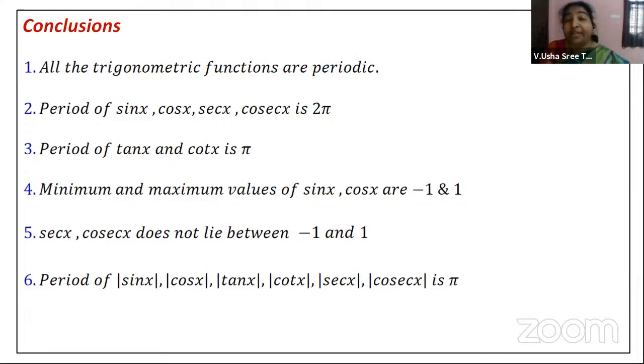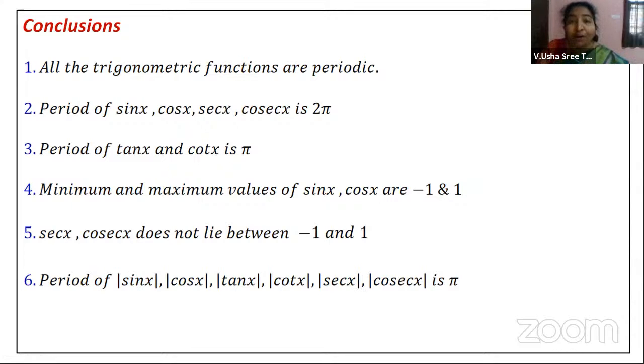But when you get a negative value, for example, secant of minus pi, which is minus 1, when you take it in the modulus, it also becomes a positive value.